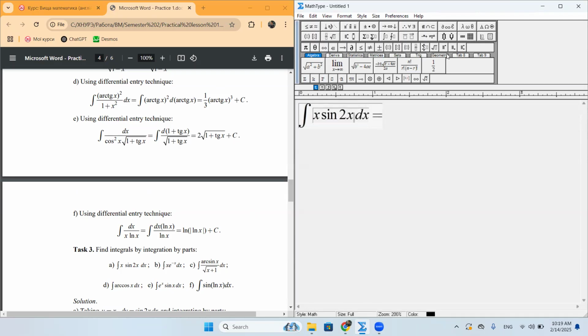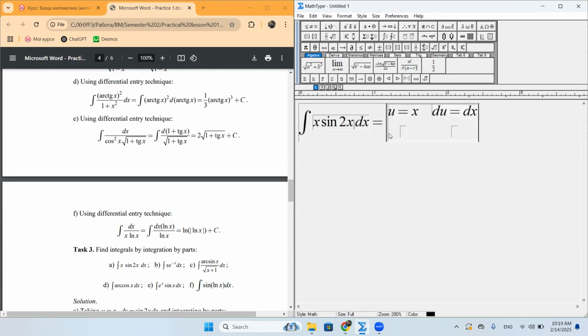Let's use integration by parts. So here u equals x and du equals dx.